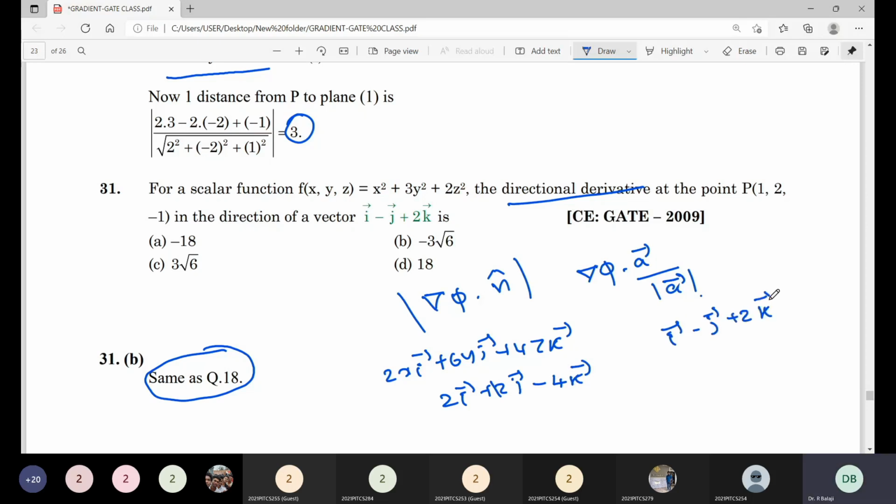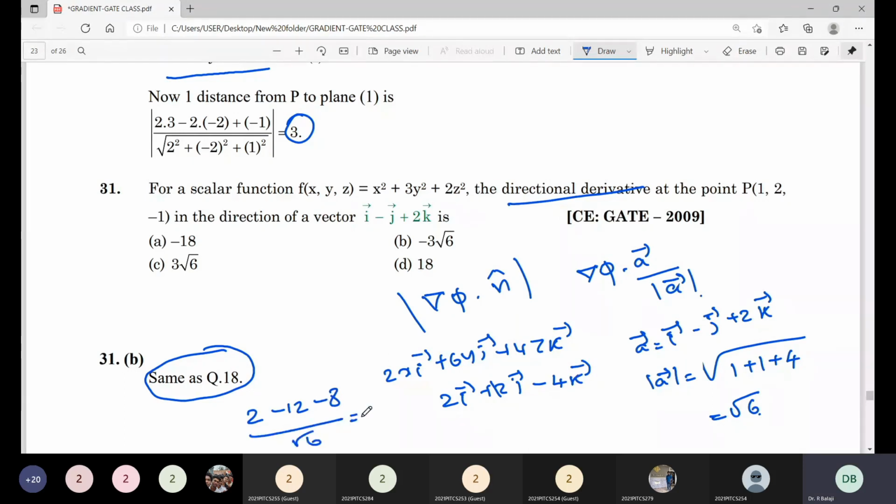Now modulus of a vector is the square root of 1 plus 1 plus 4, which is root 6. Therefore, the dot product: 2 into 1 is 2, then 12 into minus 1 is minus 12, then minus 4 into 2 is minus 8. So the answer is divided by root 6.